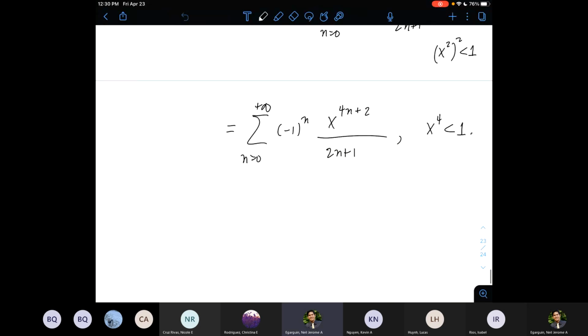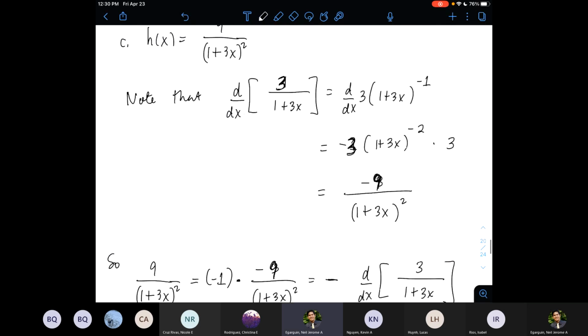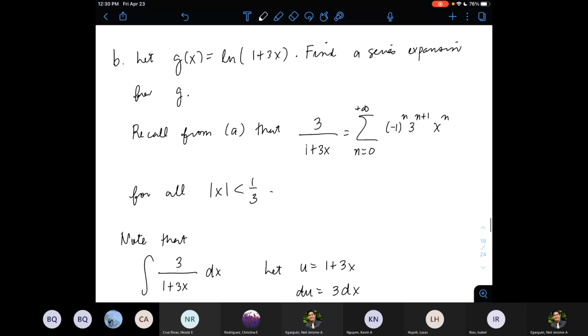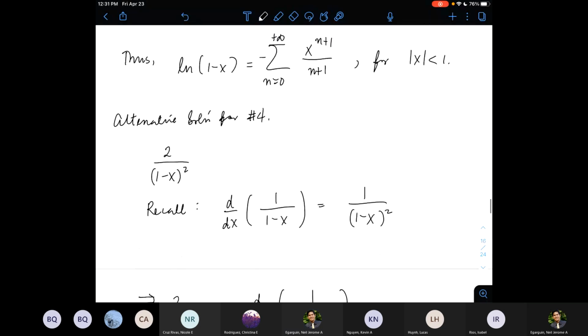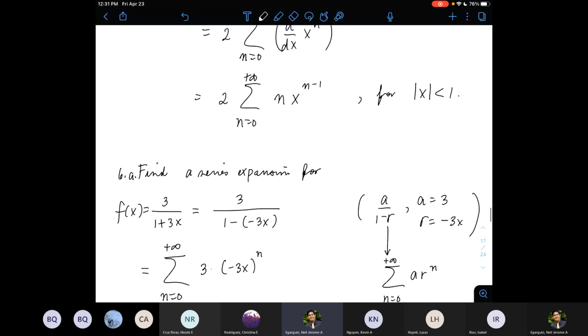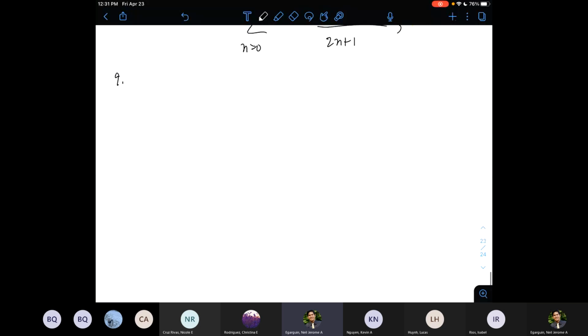Let's try number 9. I think we also did a very similar one to this. Let me see. Yeah, I just changed the constants. But anyway, yeah, let's try this one. I'll vary the constants once again. Let's try.